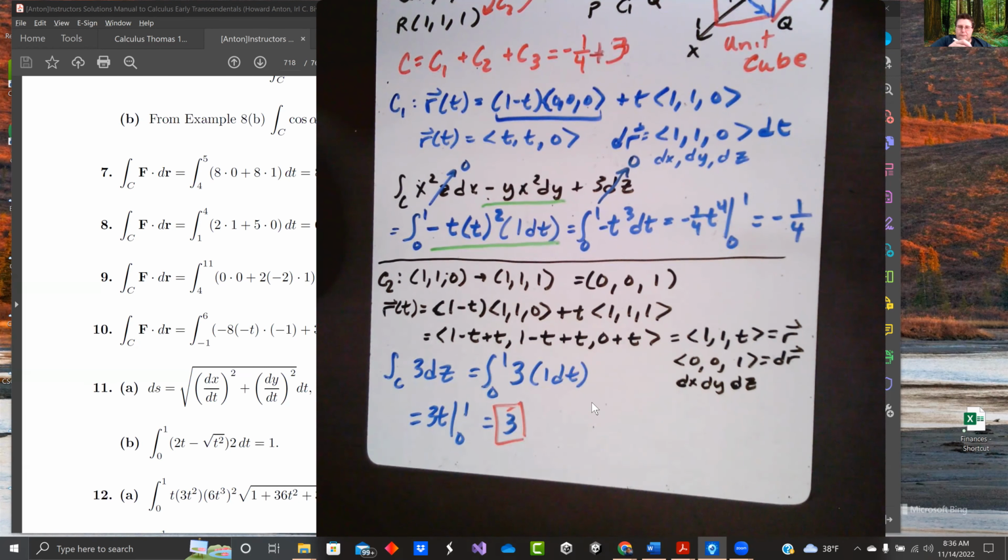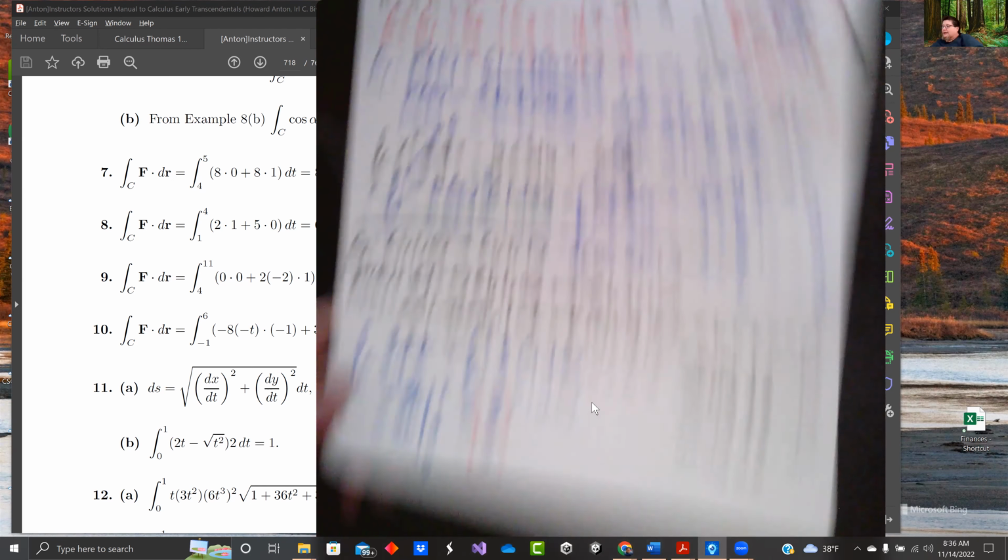All right, I'm going to recopy this equation, the integral, onto another board. I'm going to recopy our C1 and C2 so far. And C equals C1 plus C2 plus C3 is negative 1/4 plus 3 so far. And we are on the final component.